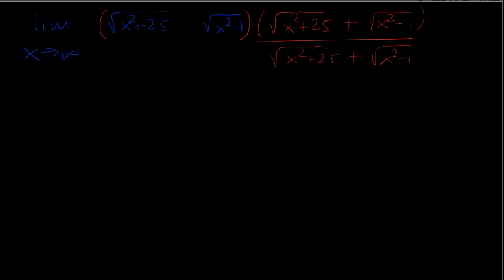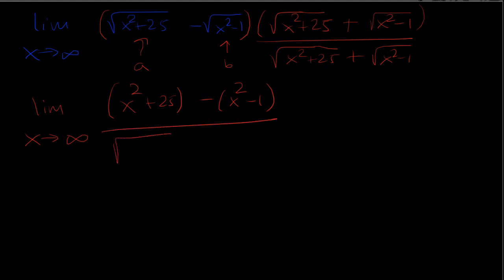Okay, at the top we have a situation of a minus b times a plus b. So that will just be a squared minus b squared, where the square root of x squared plus 25 is a, and the square root of x squared minus 1 is b. And then we'll have the square root of x squared plus 25 plus the square root of x squared minus 1.